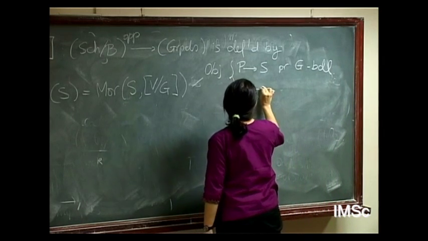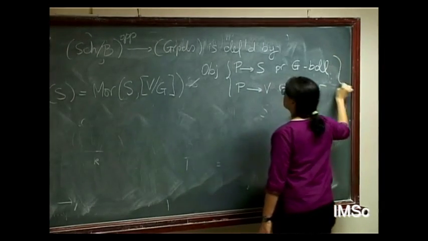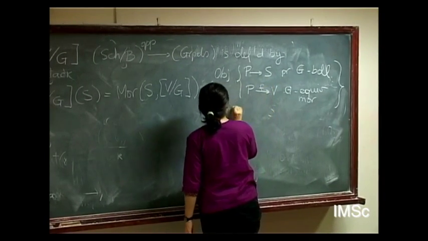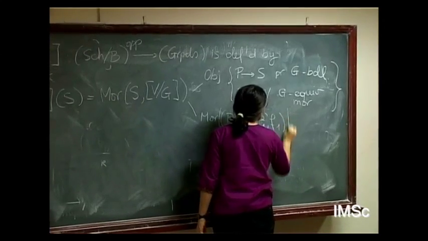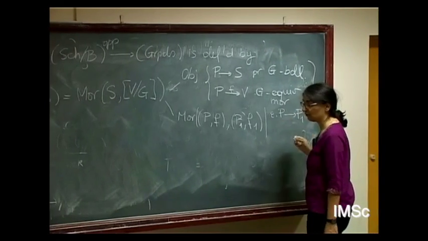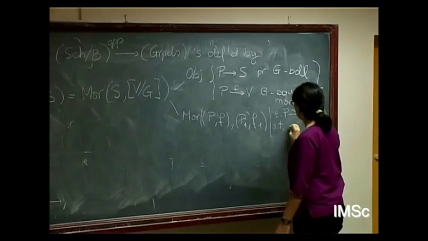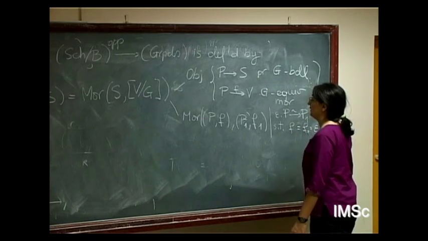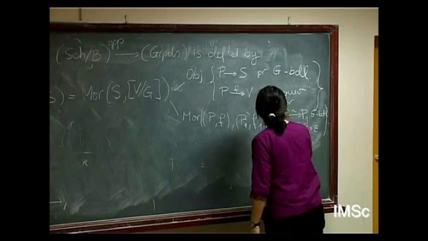And F, a G-equivariant morphism from P to V. And the morphisms, so a morphism from (P, F) to (P1, F1) is an isomorphism epsilon from P to P1 as G-bundles such that the diagram commutes, such that F is F1 composed with epsilon.